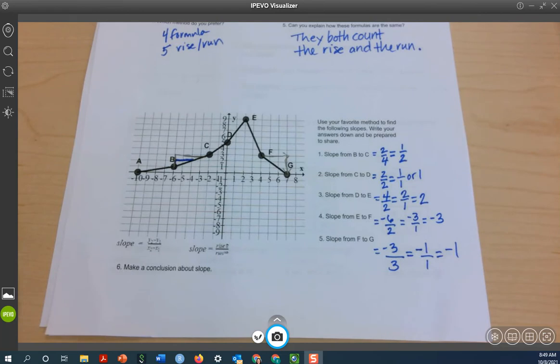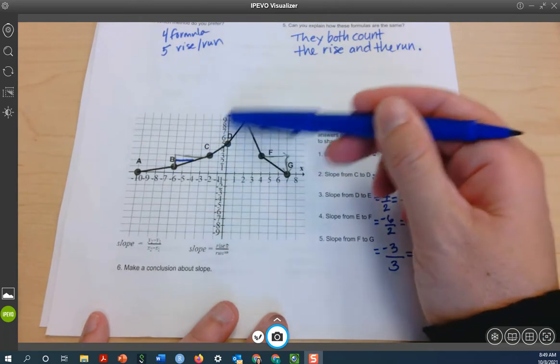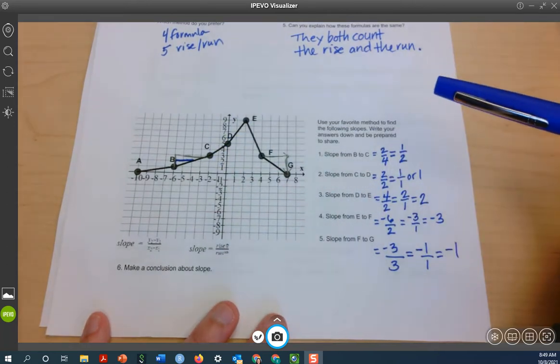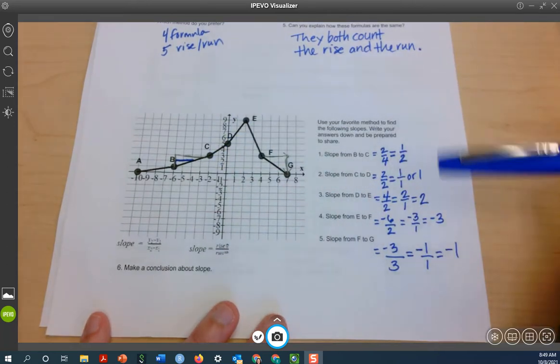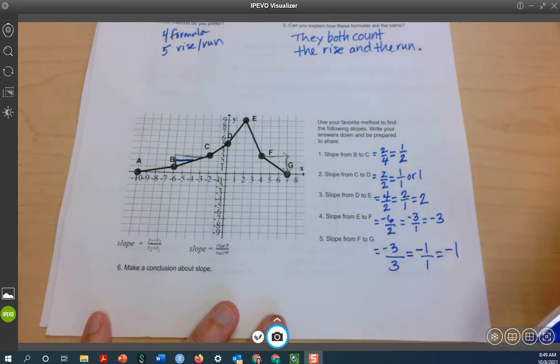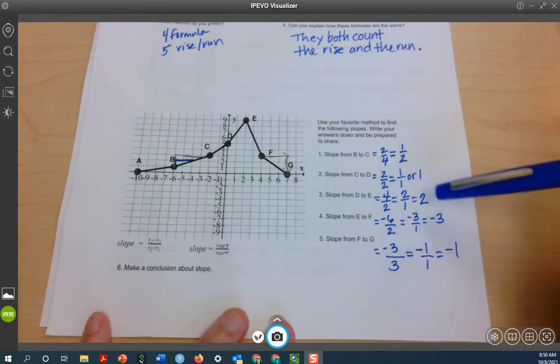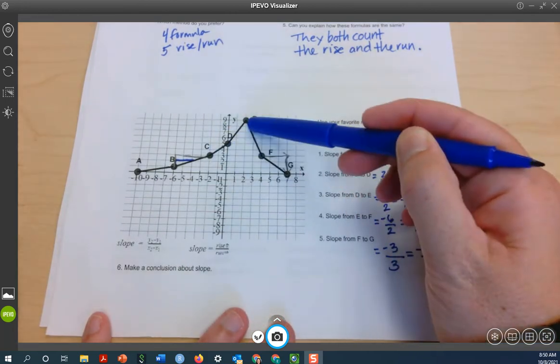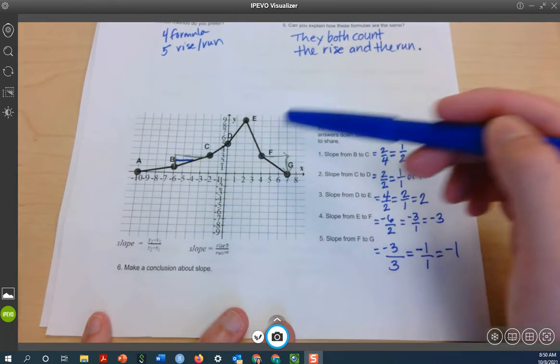All right, so let's think about this. We need to make some conclusions about slope. Let's start with the steepness of the line. We said that this was the steepest part here, right, DE? So the steepest part has what kind of slope? What kind of slope would the steepest lines have?